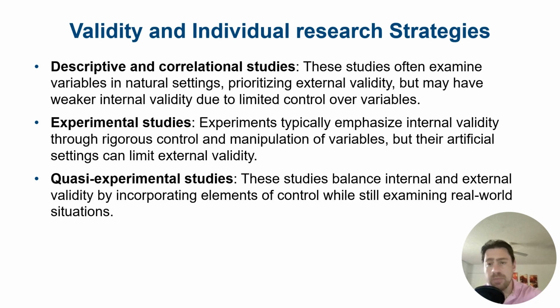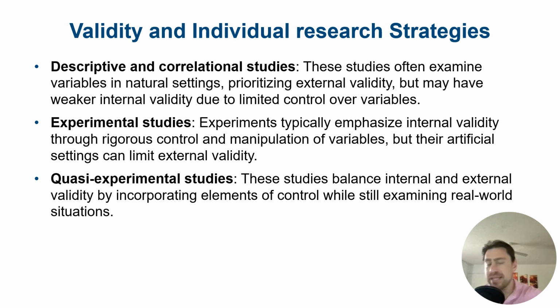So for example, descriptive studies will often focus on variables in their natural settings, with minimal control or interference from scientists. And therefore, descriptive studies will often prioritize external validity, but typically will have weaker internal validity due to fewer controls.